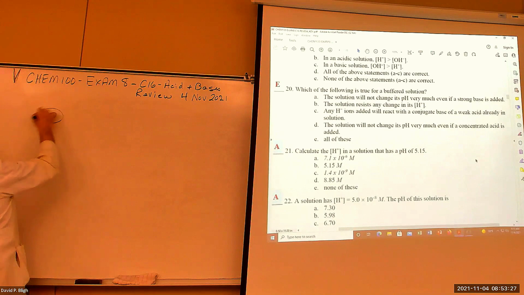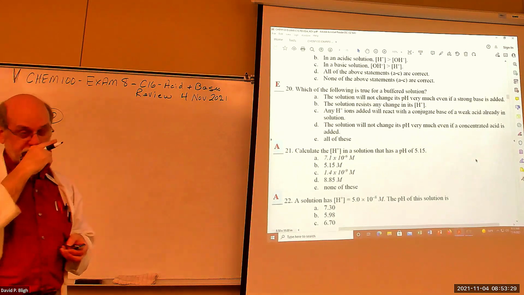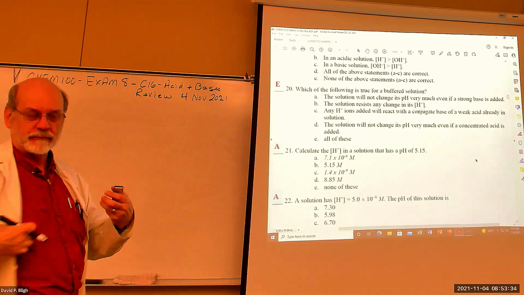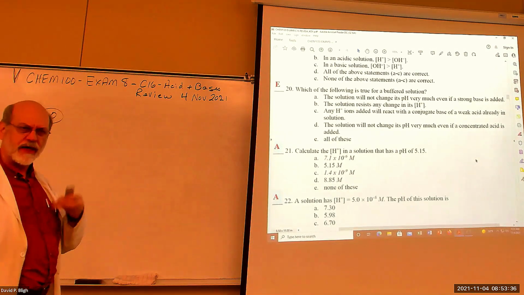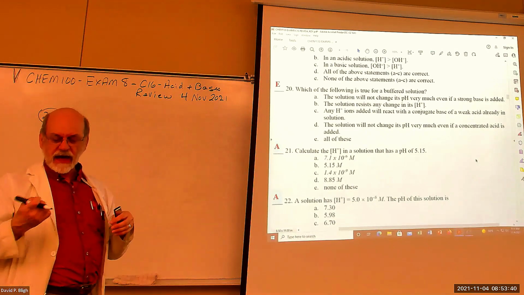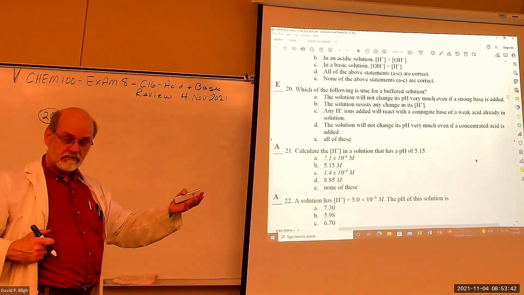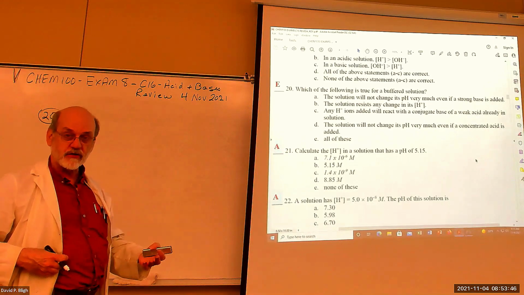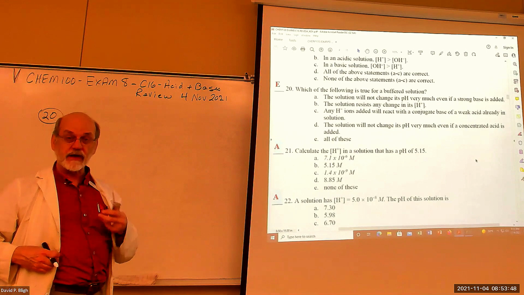Actually works on the concept. We've already introduced the concept of the definition of a buffer. So now that we know how to measure pH in a solution, either based upon the hydrogen ion concentration and a calculation to do the pH, or we have instruments that will measure pH.